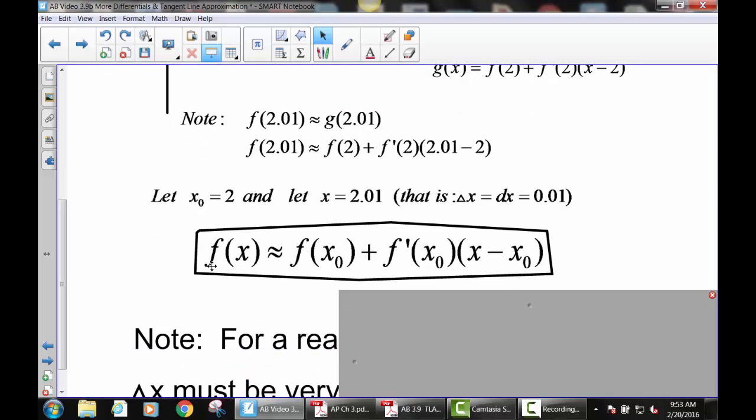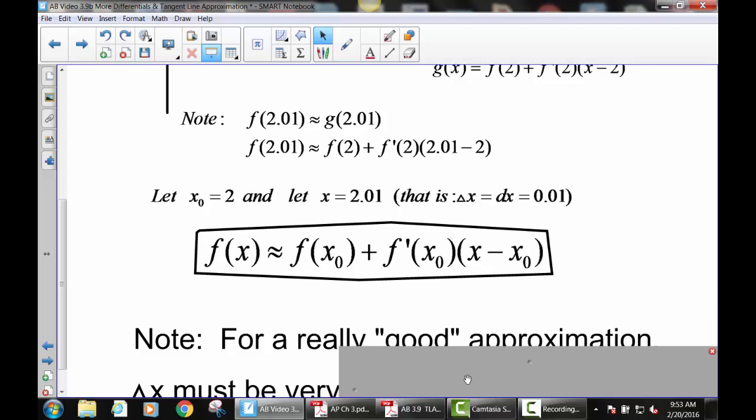If you're looking for f, the original function, at an ugly number x, it will be approximately equal to f of the pretty number x0, the x-coordinate of that point of tangency, plus the slope there, which is f prime of x0, times the ugly number, that's the decimal, minus the pretty number that it's close to.